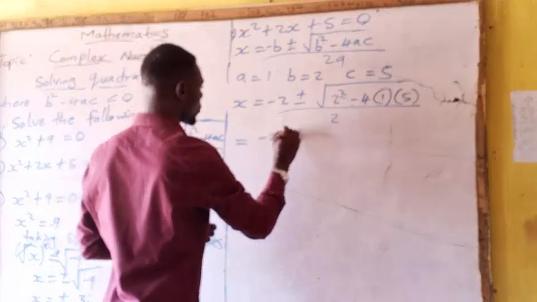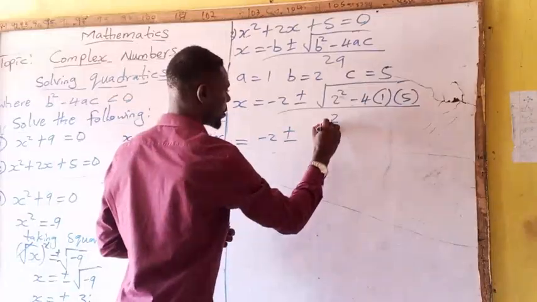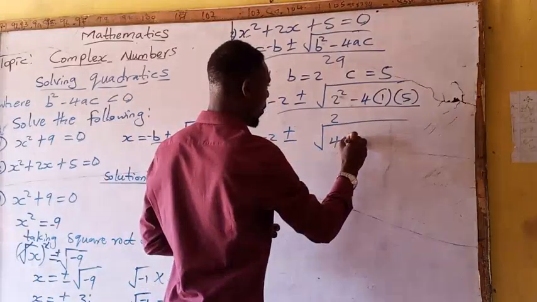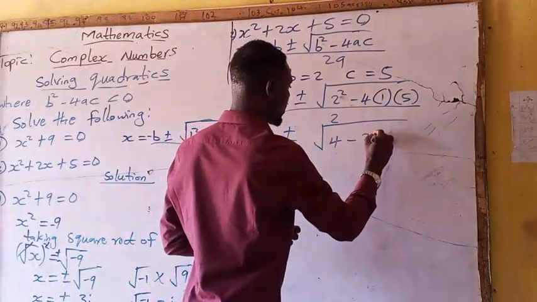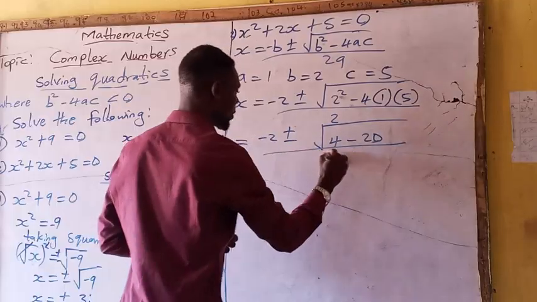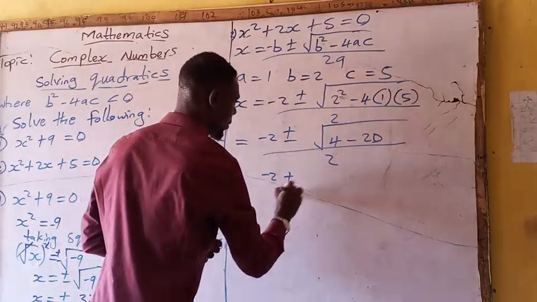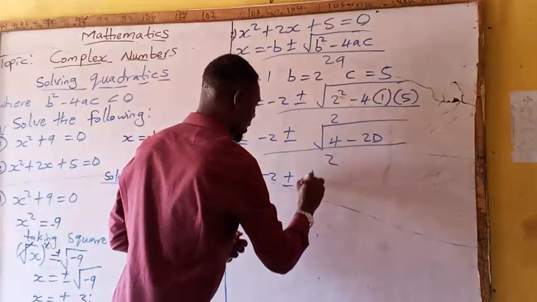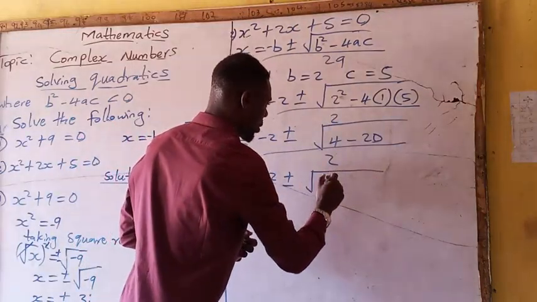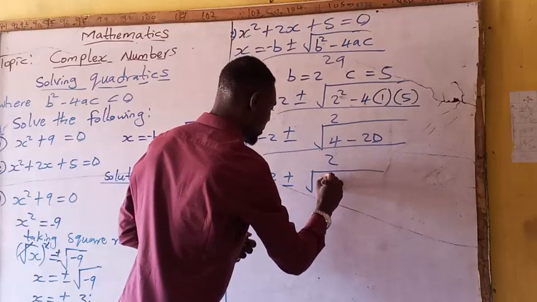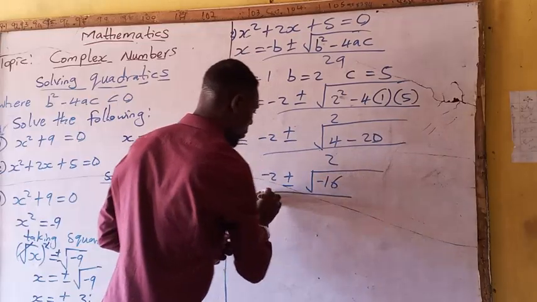So we have minus 2 plus or minus root of 4 minus 20, all divided by 2. If you take away 20 from 4, you have minus 16 all over 2.